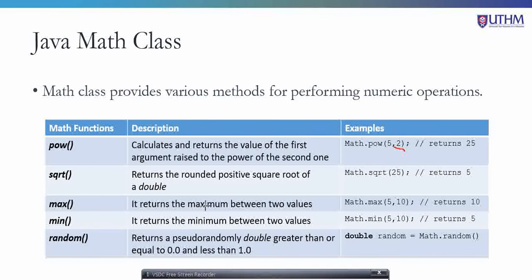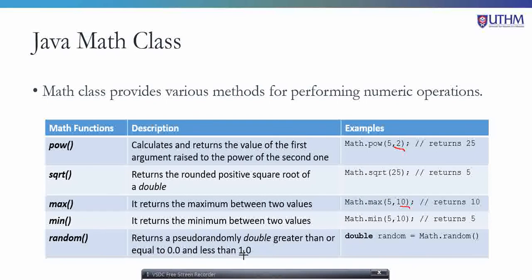Max returns the maximum value between two values. Math dot max 5, 10. So it will return 10 because it is the maximum. So this is for minimum value, and then lastly random. It randomly generates numbers between 0.0 until 1.0.